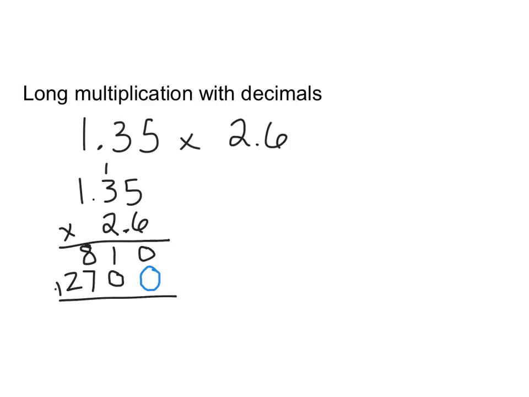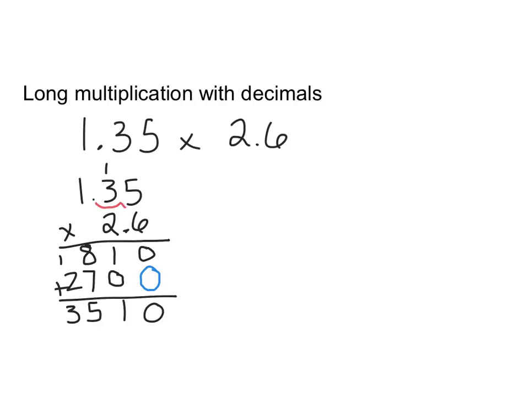Finally, I add my values. 8 plus 7 is 15, so I have to carry a 1, which gives me 3,510, which obviously is way too big. So that means I need to move my decimal.